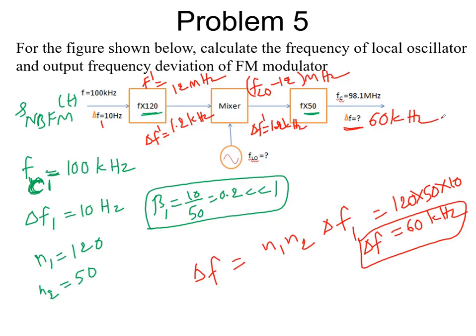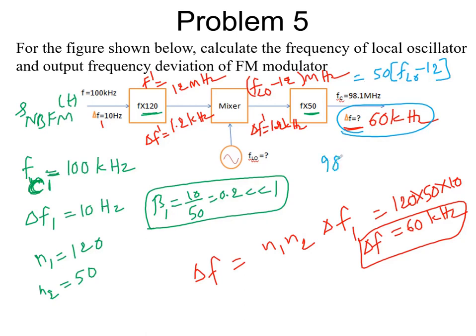And the other thing, what is asked to you to find? You have been asked to find the local oscillator frequency. Now here carrier frequency is known, means what should happen to this frequency here, FC? This FC should be equivalent to 50 times of FLO minus 12. Okay, that is 98.1. From this you can simply calculate what will happen.